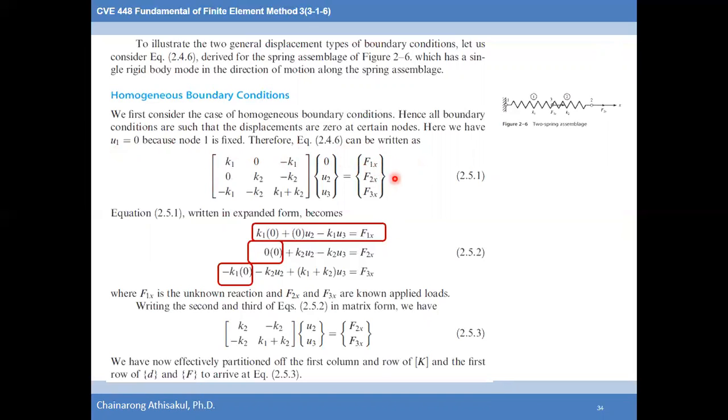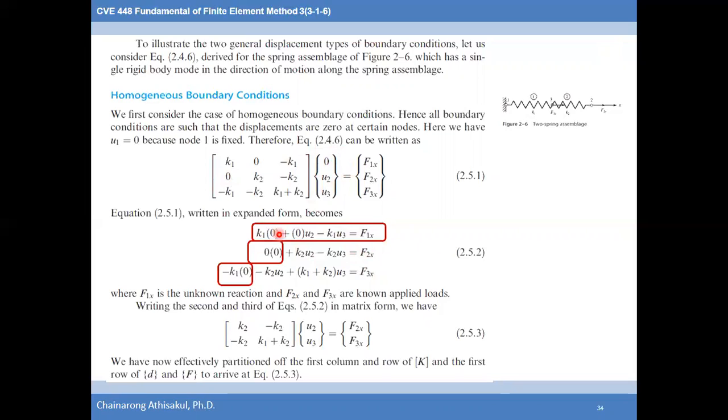If we consider the second and third equations, knowing that u1 equals 0, and we multiply this matrix by this vector, we obtain the first, second and third equations like this.